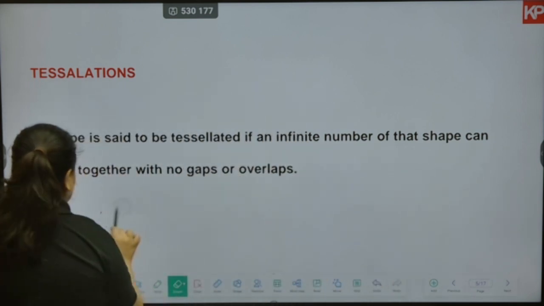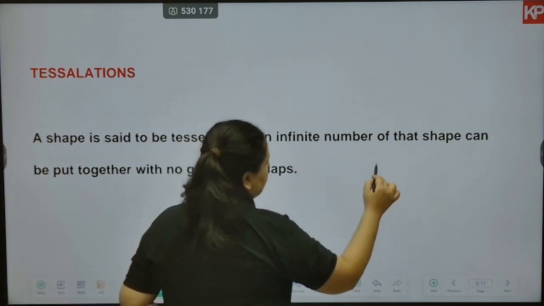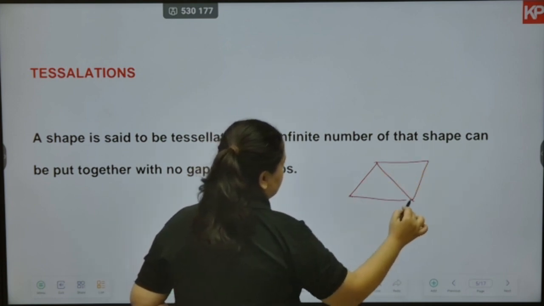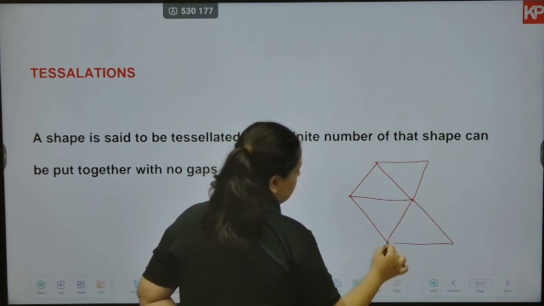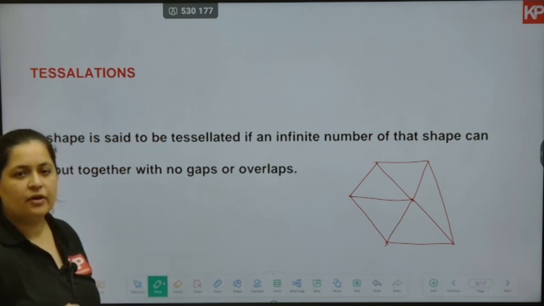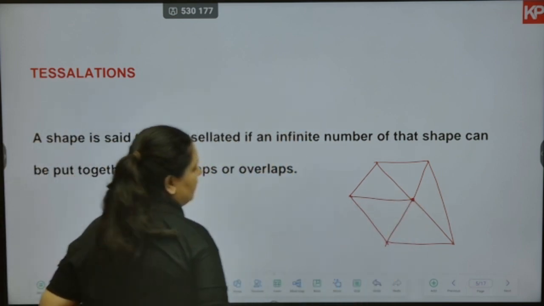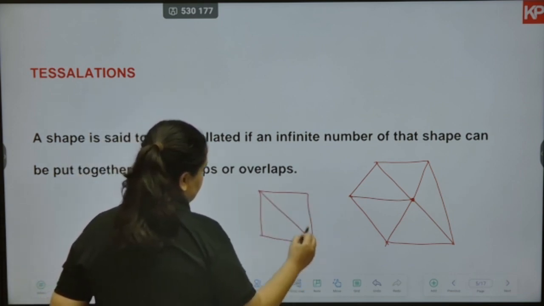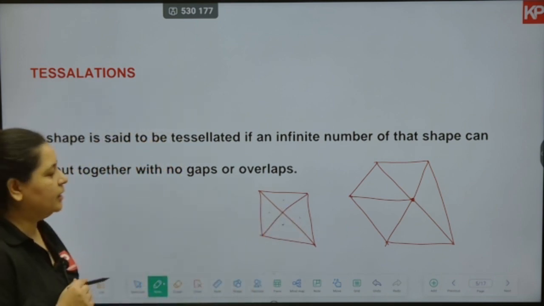Now let us look into the reason. Why can we be so sure about this? For example, let us consider this particular pattern. What is happening here? We are tessellating a triangle, and at this vertex what is happening? Let's take another example. These are also similar triangles tessellating and forming a square.